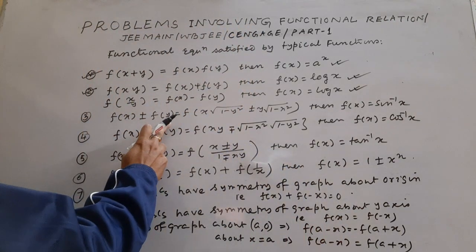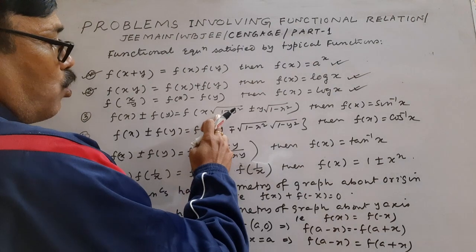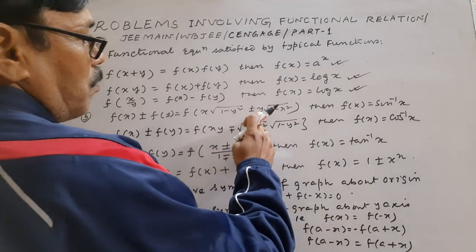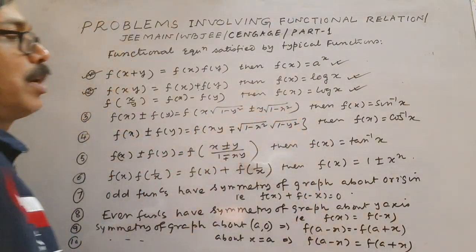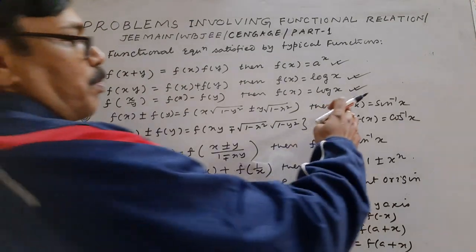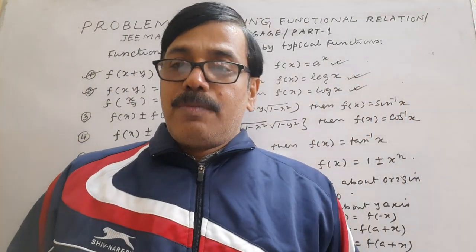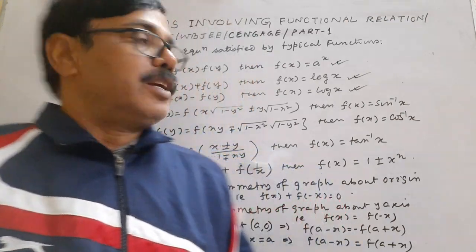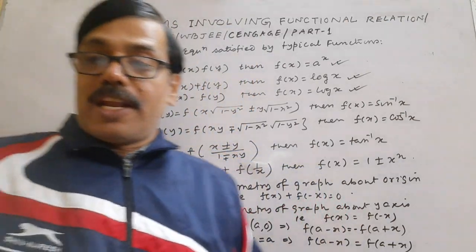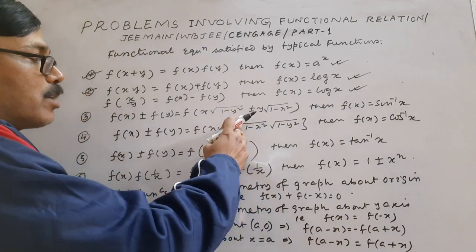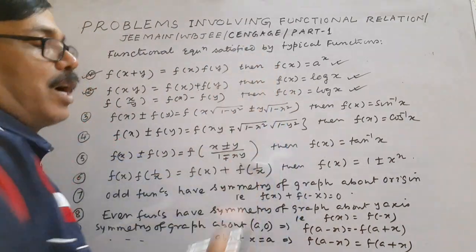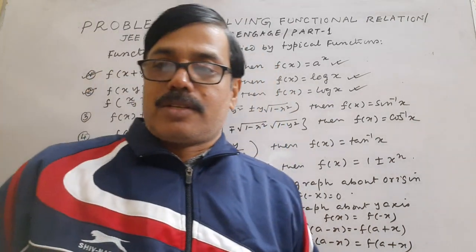Number 3. f(x) plus f(y) equals f of x into root over 1 minus y square plus y into root over 1 minus x square. So f(x) equals sine inverse x, because sine inverse x plus sine inverse y gives x into root over 1 minus y square plus y into root over 1 minus x square.